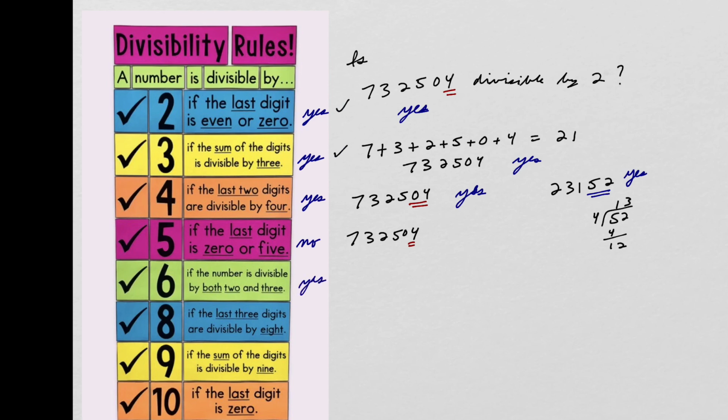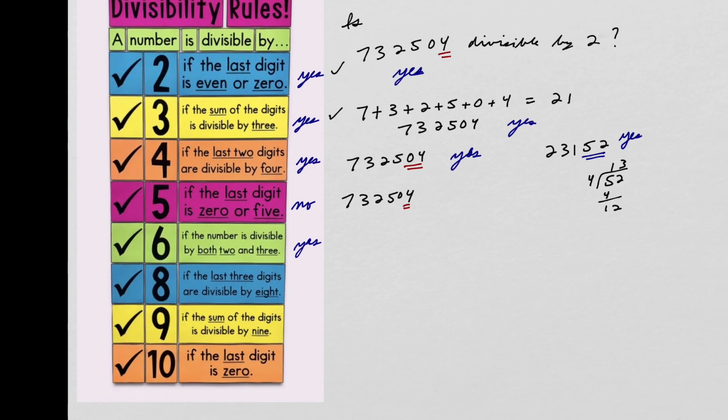If it passes both of those, it's also automatically divisible by 6. Okay, why is 7 not here? There is a rule for 7, but it's more complicated than it's worth. So it's often easier to just do long division by 7 and see if it goes in evenly or not. Some books will include the rule. You can look it up, but we're just going to skip that.